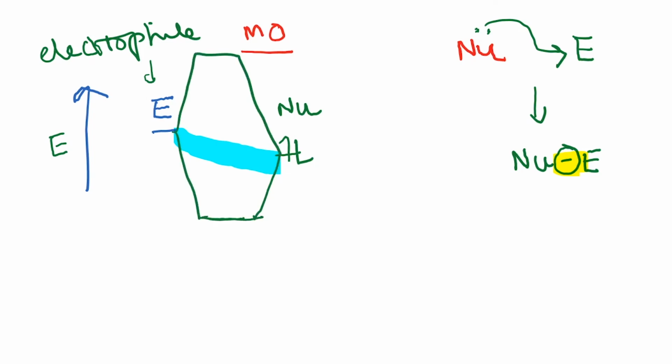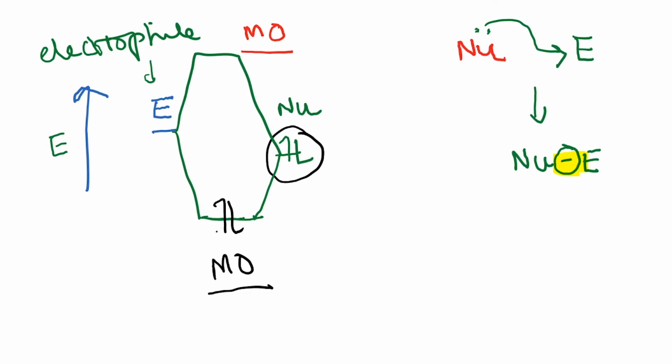So this kind of an interaction actually happens during a bond formation. And now this pair of electrons which was here is now going to form a new molecular orbital, and this denotes a sigma bond, for example, right?